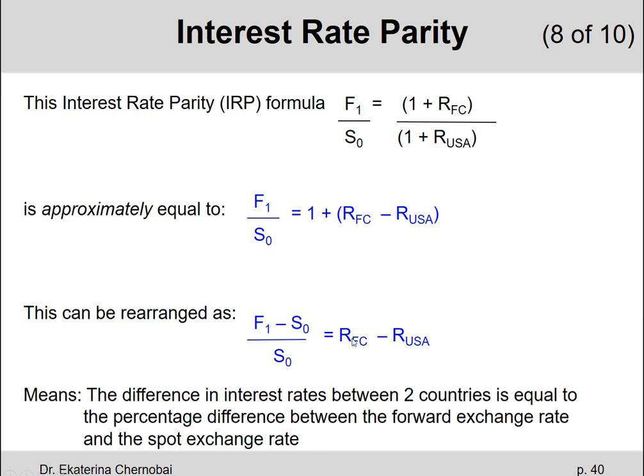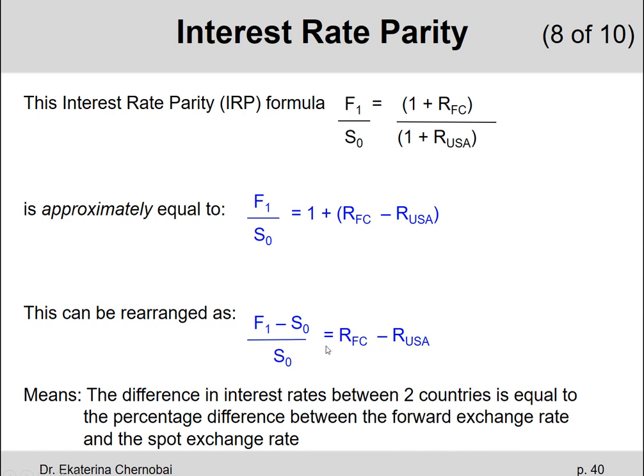So this formula can be further rearranged to F1 minus S0, the difference divided by S0. So it's the percentage difference between the forward exchange rate and the spot exchange rate.